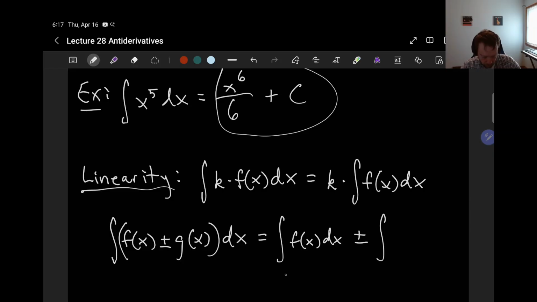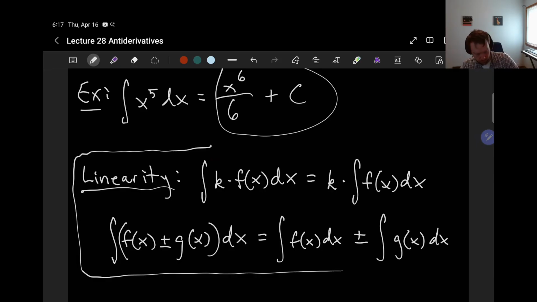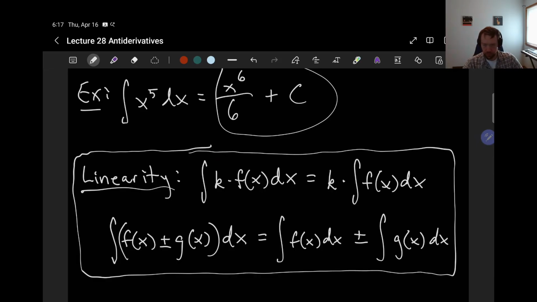So that integral over here, this integral over here, you can separate them in this way as two separate integrals. So integrals or antiderivatives, they work very well with multiplying by a number or adding and subtracting.